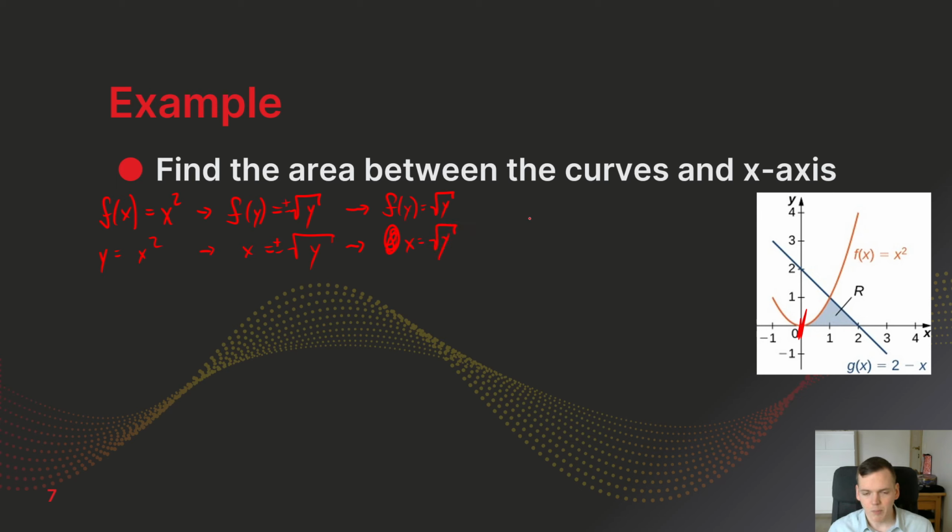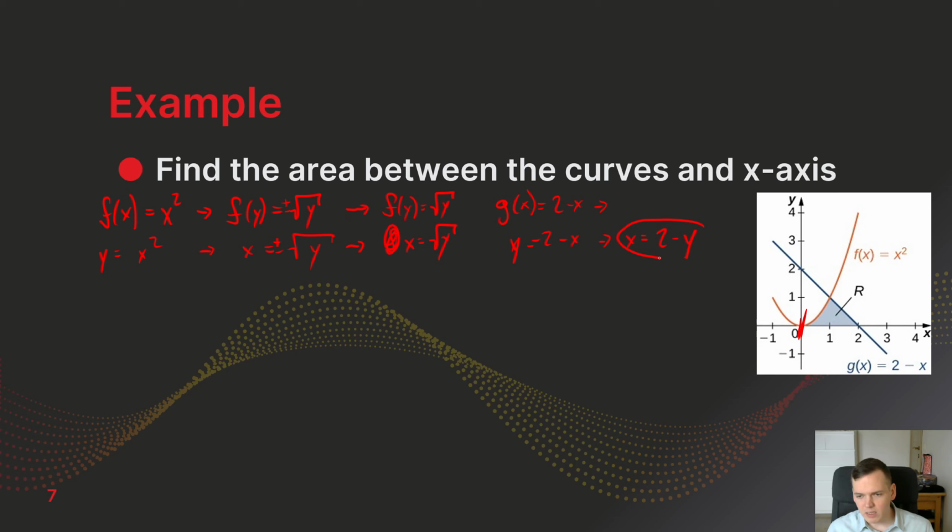And then the other function, g of x is equal to 2 minus x. So y is equal to 2 minus x, which implies that x is equal to 2 minus y.